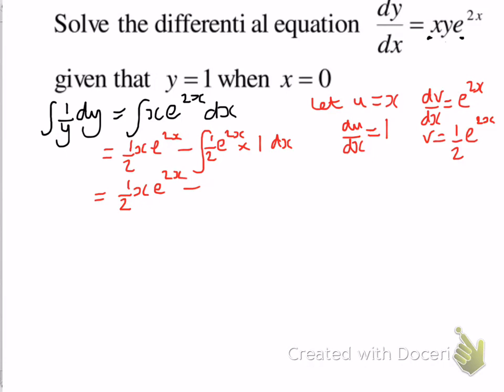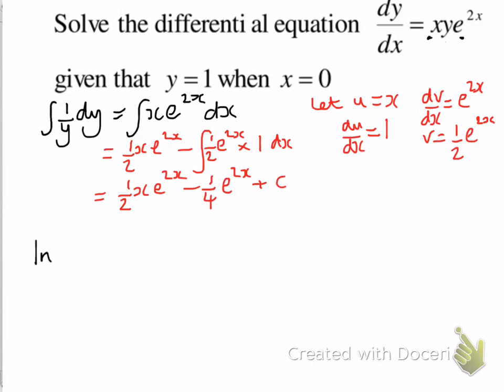Integrating this will give us a quarter e to the 2x plus our constant c. Right, so I've now integrated the right hand side. So therefore, integrating 1 over y will give me ln y.